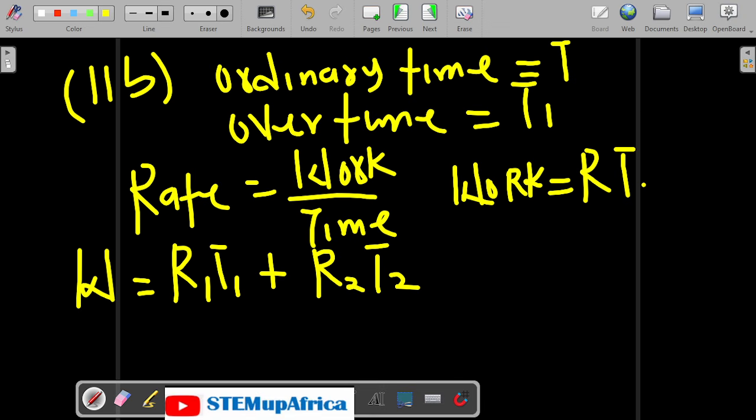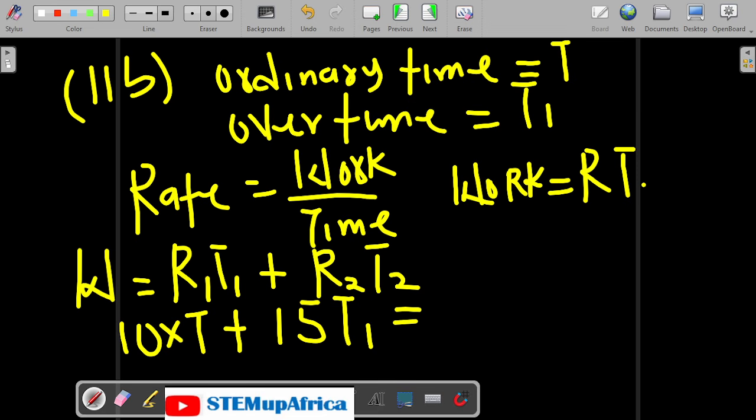So the value we earn at the end of 1 week is 10 times T, which is the ordinary time, plus, for overtime, the man earned $15, which is 15 T1. The total money earned is 545.